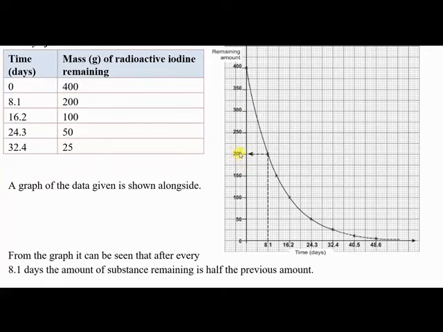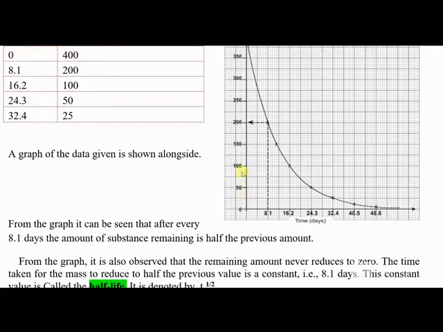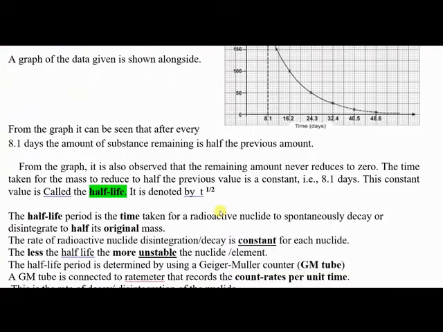The time taken for 200 to decay to 100 is another half-life. From 100 to 50 is another half-life. From 50 to 25, which is a half, is another half-life. So you should know it is a constant, and for this case, it is 8.1. This constant is called a half-life.